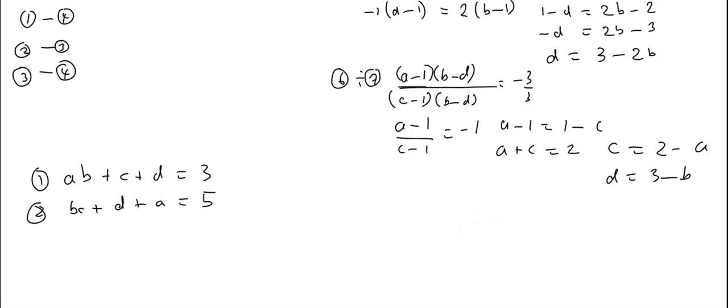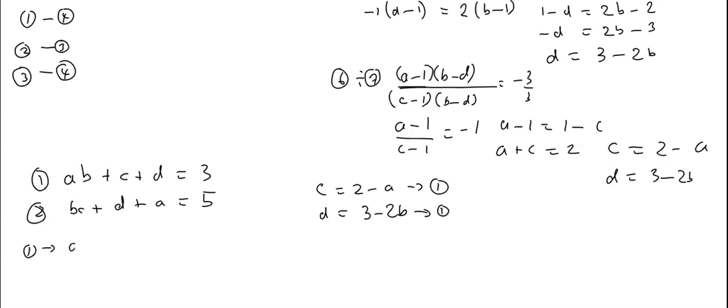And so, if I say C equals 2 minus A, and I put that into equation 1, I also put D equals 3 minus 2B. There's a mistake there, it's supposed to be 2B.